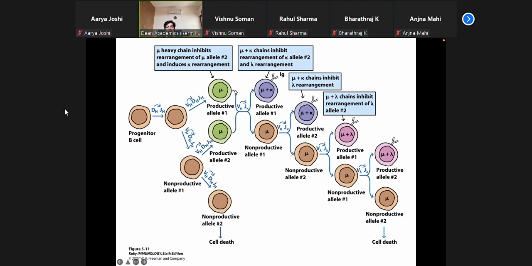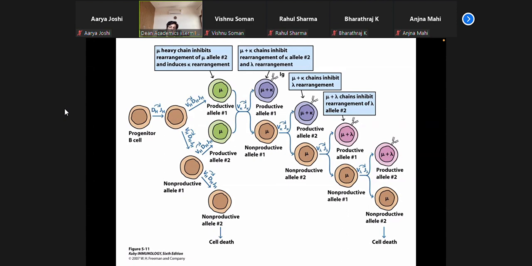Another thing that can happen is that you have rearranged this mu productively. Okay, and then you start with, let's say, allele number 1, this is non-productive, so then you give a chance to do it for allele number 2, and if now this is productive, then it will start with one of those light chains, and if it is not successful, then it goes to the second light chain, which is lambda, right?